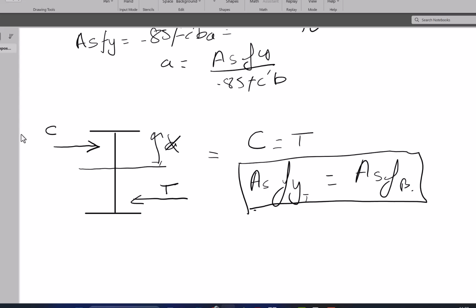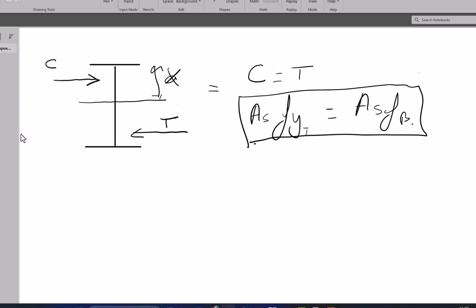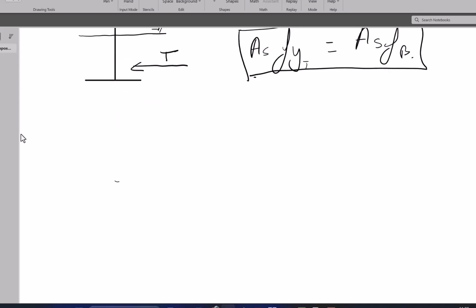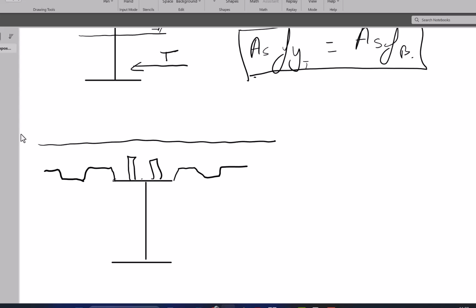Right. Now let's do this as a composite beam. You have a steel beam, and you have a deck on top, or let's say a slab, which is concrete; we'll discuss the shear studs in a while.